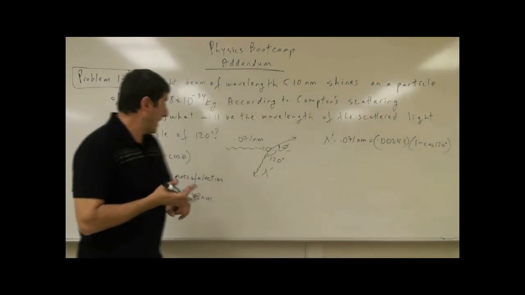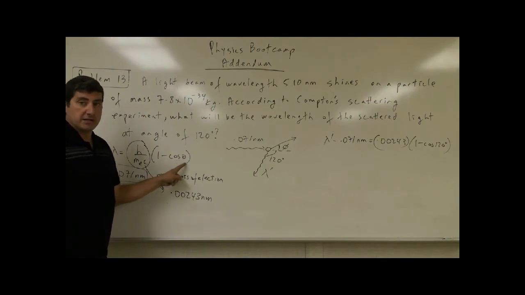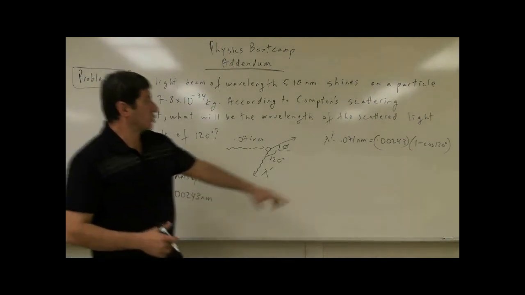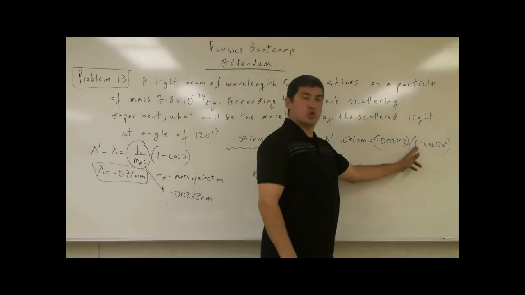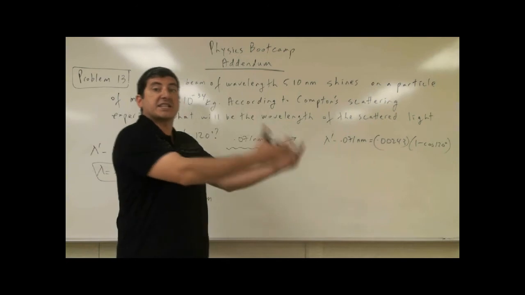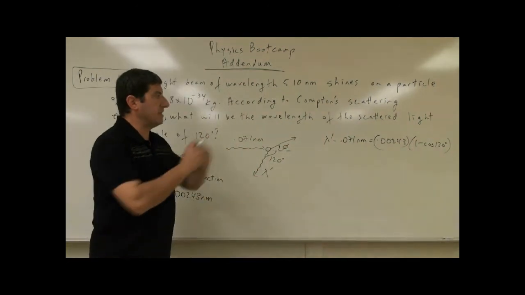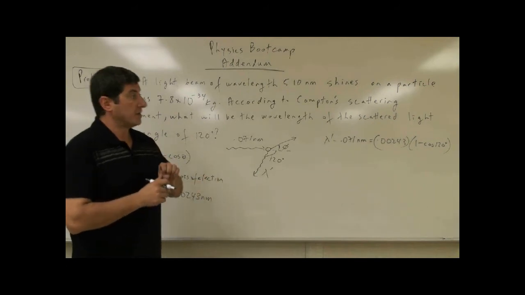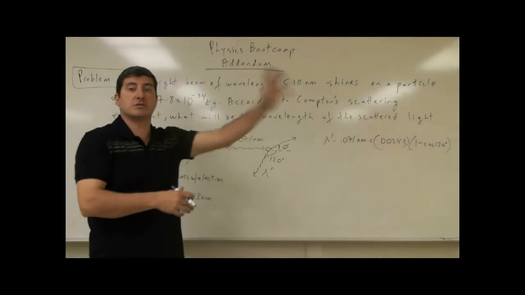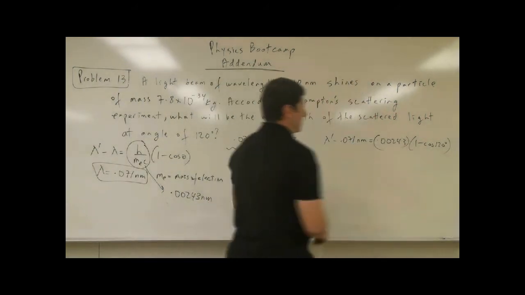Notice what happens. Since the cosine of an obtuse angle like 120 is negative, it has the effect of being added to 1. So the shift is greater for wavelengths that scatter backwards. And that makes sense, because that means the beam of light imparts more of its momentum to the electron. So this becomes a factor greater than 1.